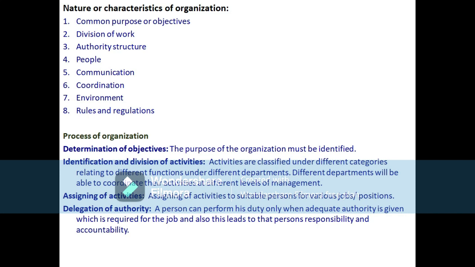If the orders are passed from only one superior, then objectives can be clearly defined, and the role of the subordinate to be performed in the organization can be known clearly. If the roles and responsibilities are known clearly, then the person will be responsible to his work, accountable to his work, and work effectively and efficiently in the organization. So this is about the process of organization.